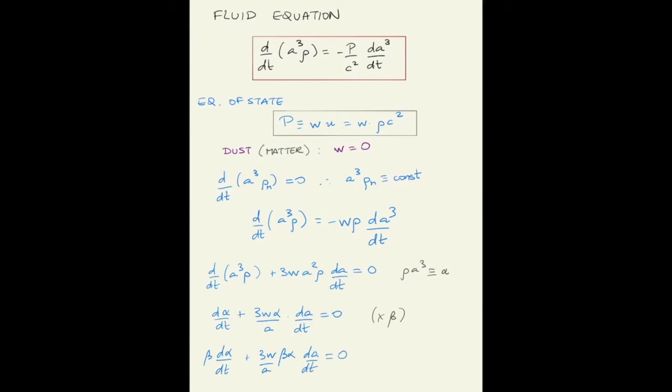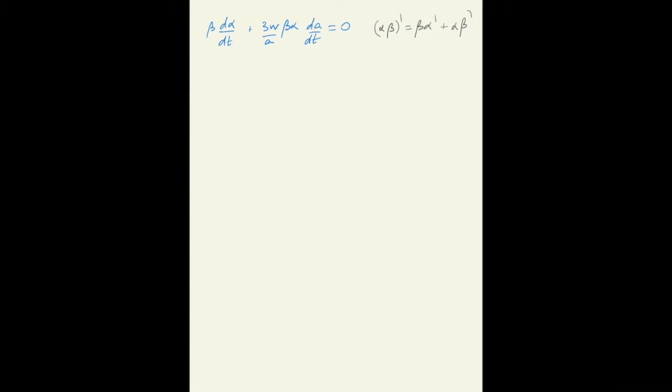And now we equate this to the product rule, that the derivative of αβ is equal to β times the derivative of α plus α times the derivative of β. So the first term is, of course, identical. That's β times the derivative of α. The second term is correct if we identify these two terms. That means that the derivative of β must be 3w over a times β times da/dt.